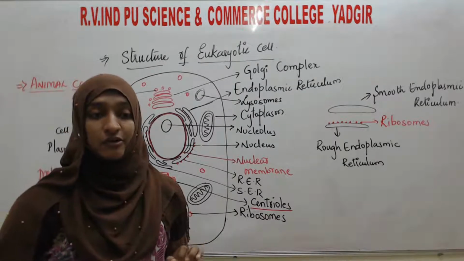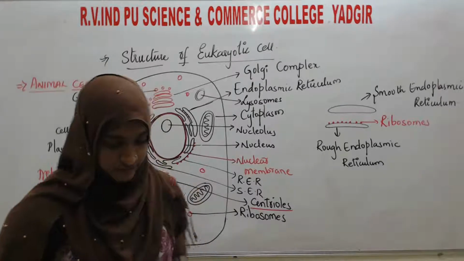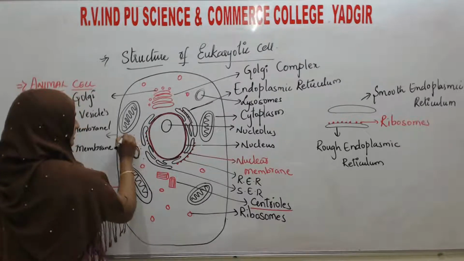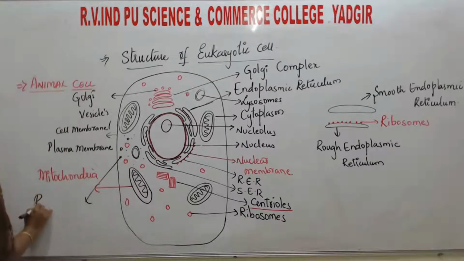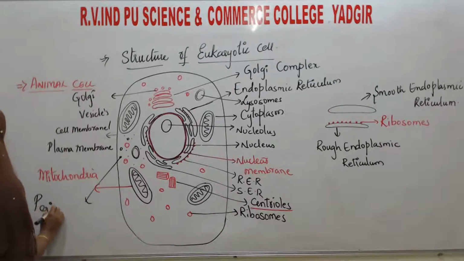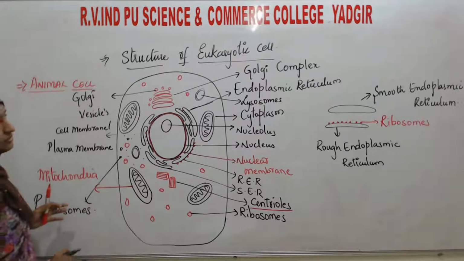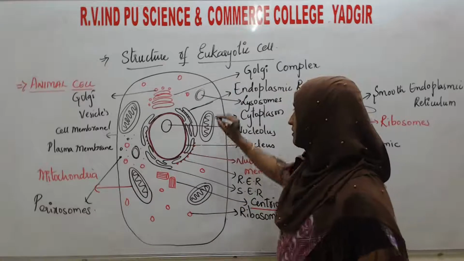What are those micro bodies or inclusion bodies? That is the peroxisomes. Some structures present in the cell are the peroxisomes. Okay, so this is about the animal cell.